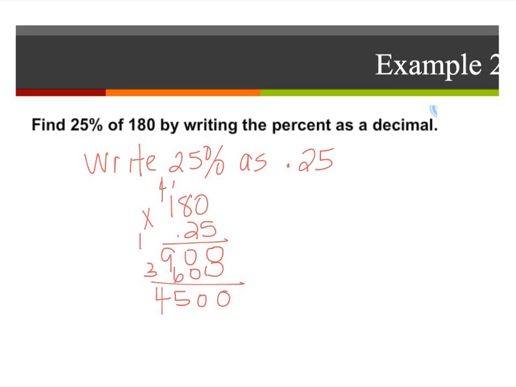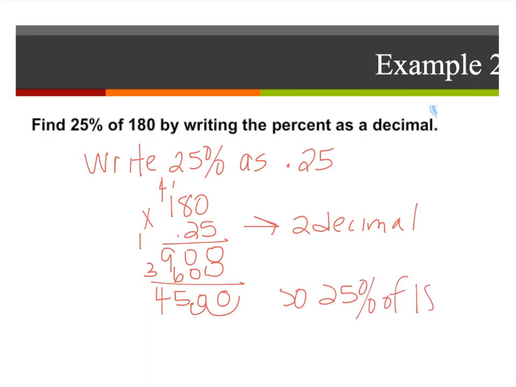Carry the 1, 45. Well, now notice that here we have 2 decimal spaces. So we start here and we move our decimal 2 places over. So we can say 25% of 180 is equal to 45.